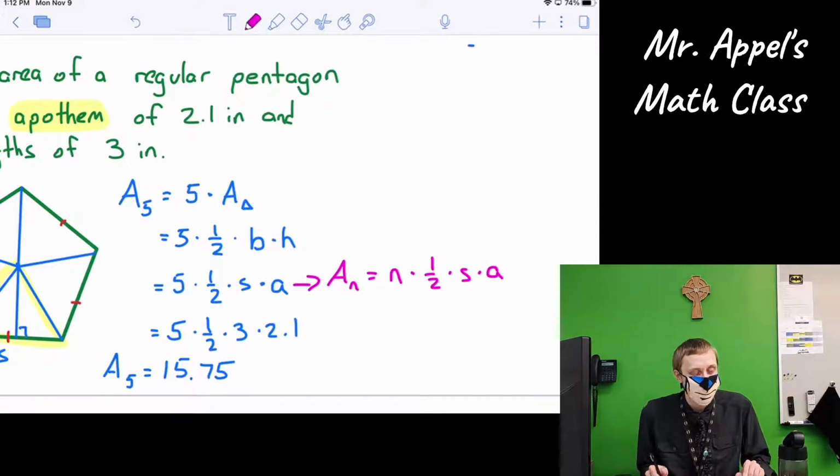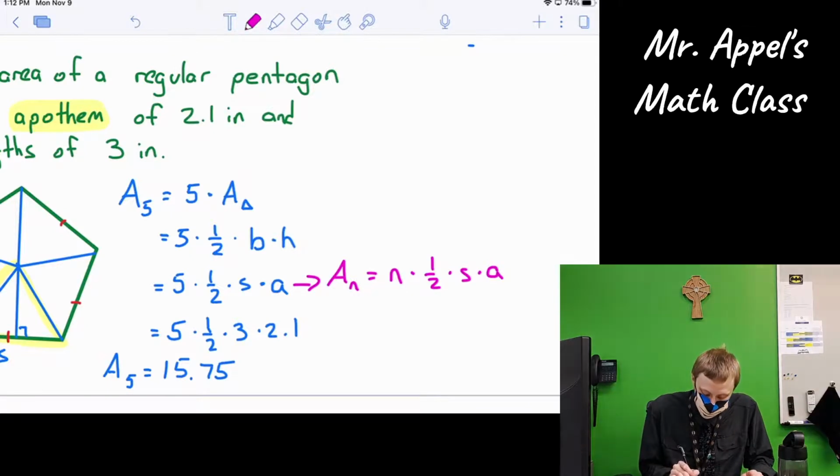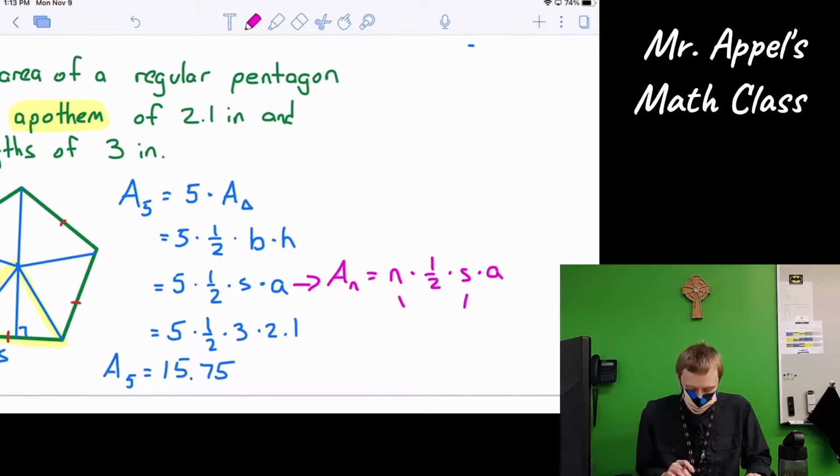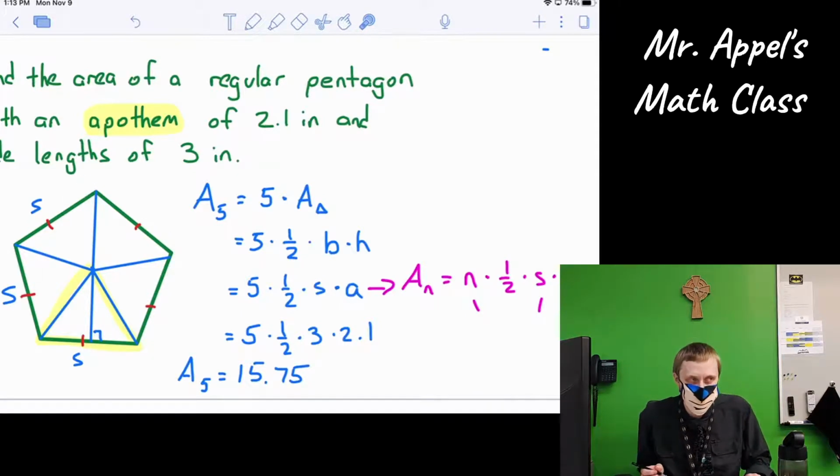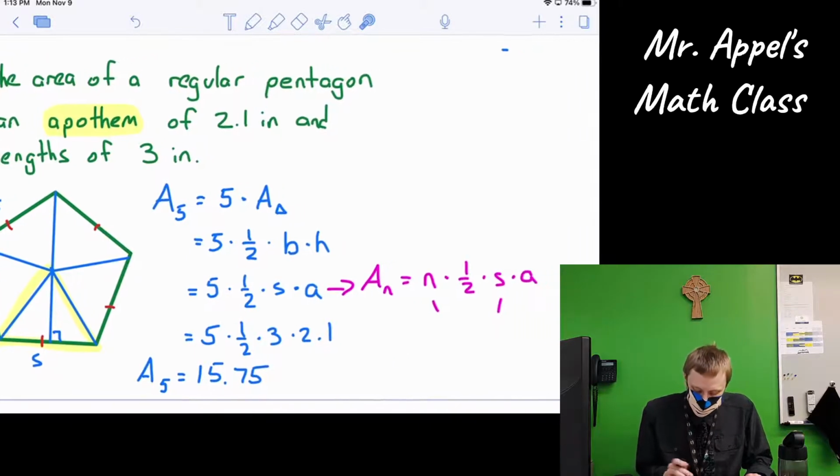Think about the number of sides times the side length for a moment. If I have 5 sides here, that's s plus s plus s plus s plus s. That's just the perimeter, right?